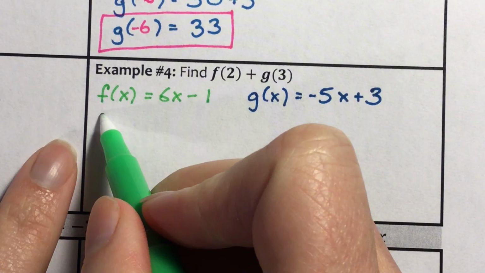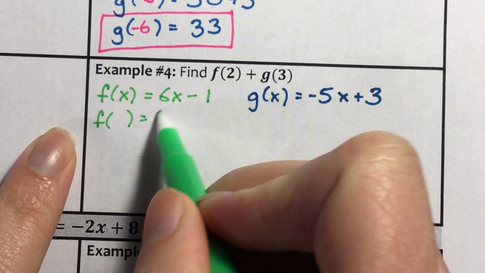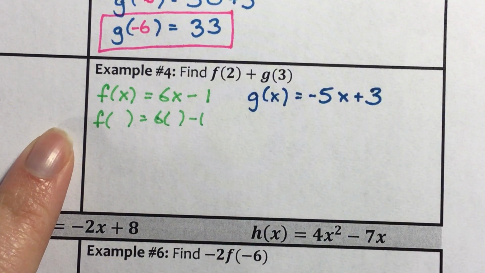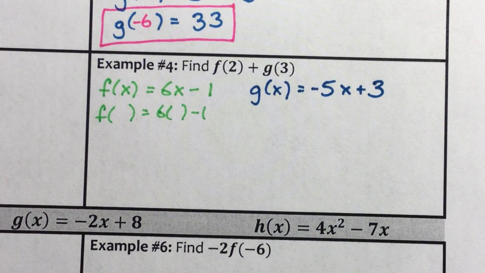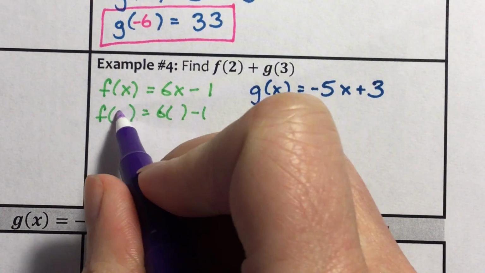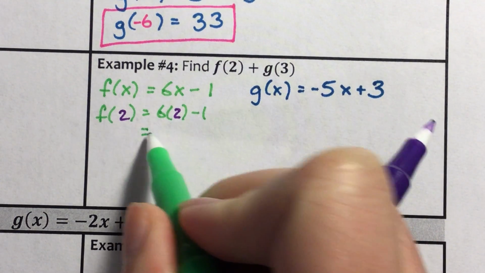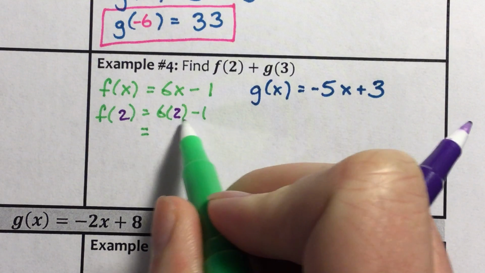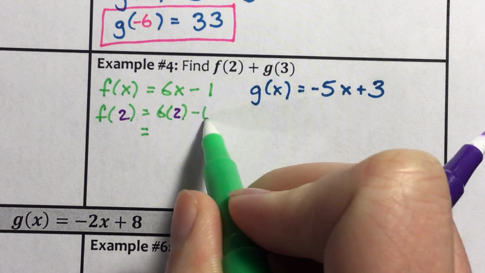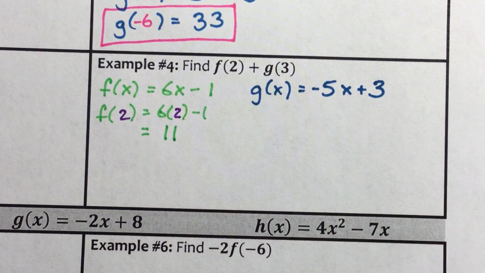Okay, just like before, let's plug in the numbers. We'll plug in a 2 on the first function. And simplifying that out, on the right-hand side, we get 6 times 2 is 12, and 12 minus 1 is 11.